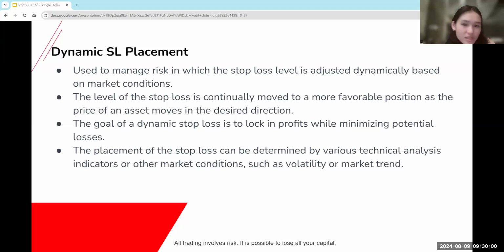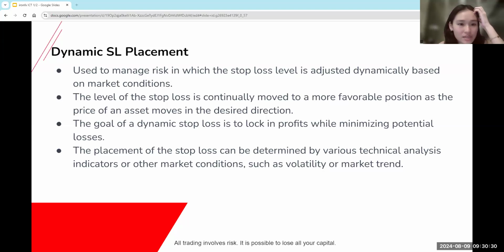So the level of the stop loss is continually moved to a more favorable position as the price of your asset moves in the desired direction. So the goal of dynamic stop loss is to lock in profits while minimizing potential losses. Placement of the stop loss can be determined by various technical analysis indicators or other market conditions, such as volatility or market trends.